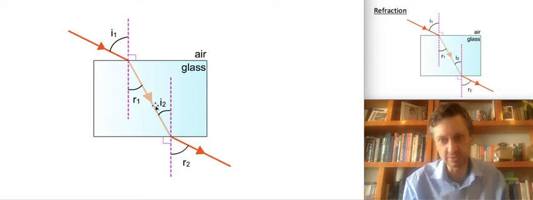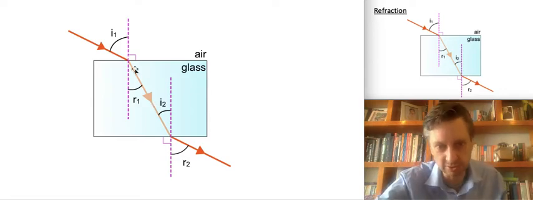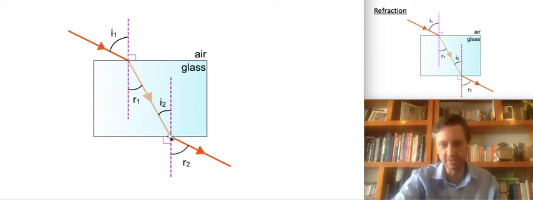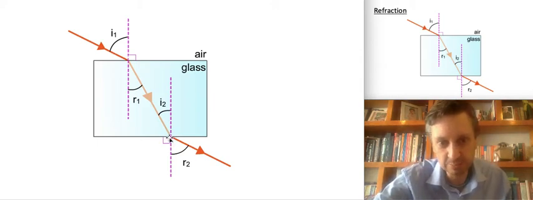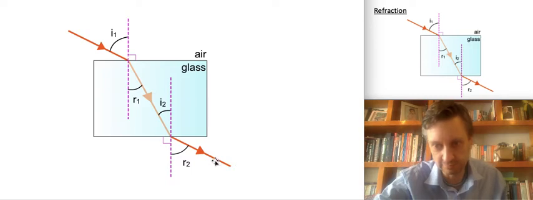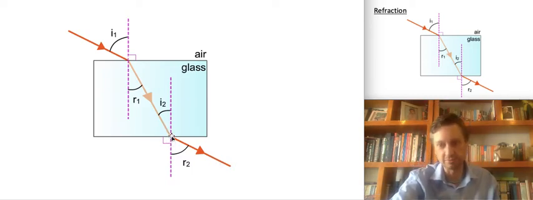As it goes to more dense materials, the light slows down, and because it slows down, it bends towards the normal. Okay, and then at this second surface, the light is moving from the glass into the air this time, the other way around. And this time, as it hits the surface, it refracts again, but in this case, it refracts away from the normal.